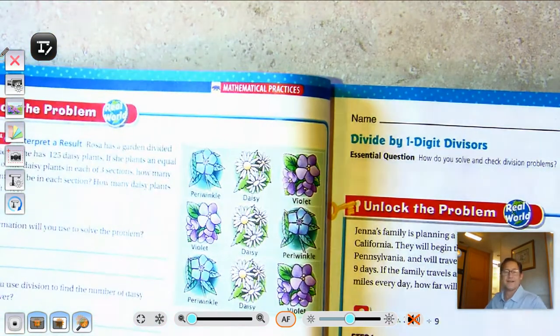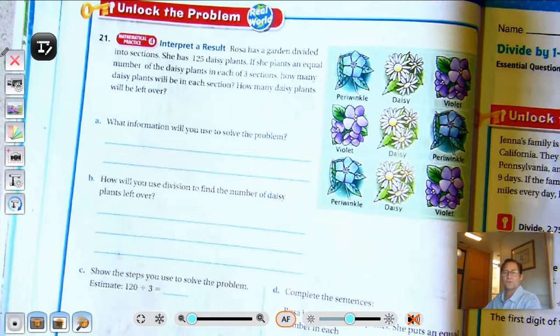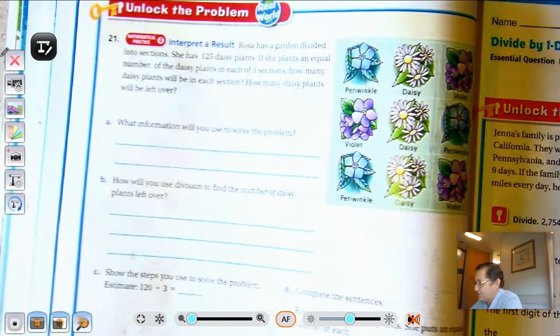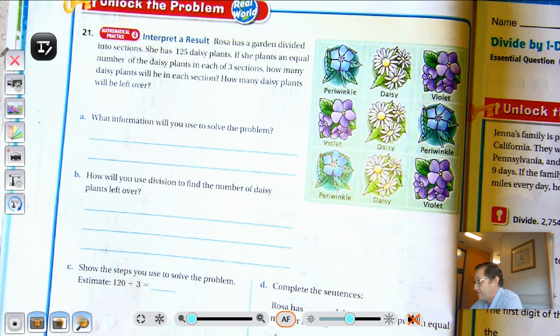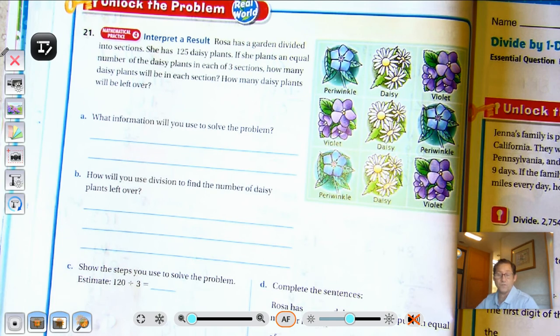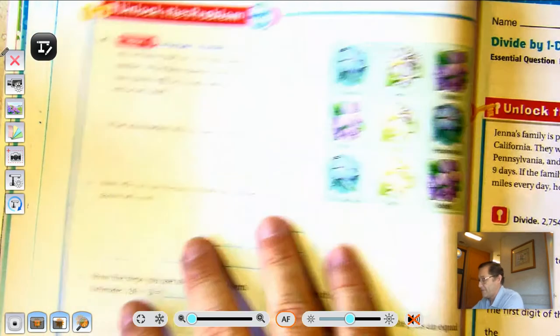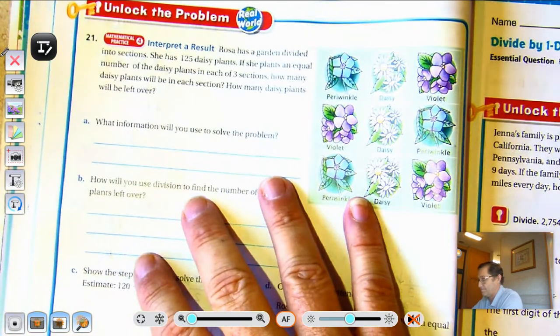So interpret a result. Rosa has a garden divided into sections. She has 125 daisy plants. If she plants an equal number of the daisy plants in each of 3 sections, how many daisy plants will be in each section? How many daisy plants will be left over? All right, so what information will we use to solve the problem?